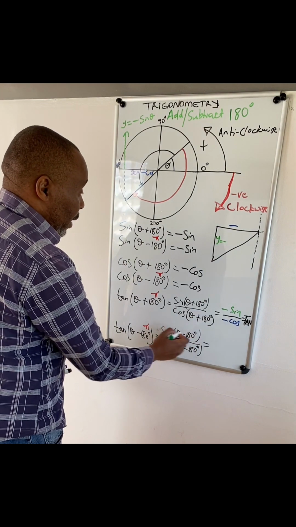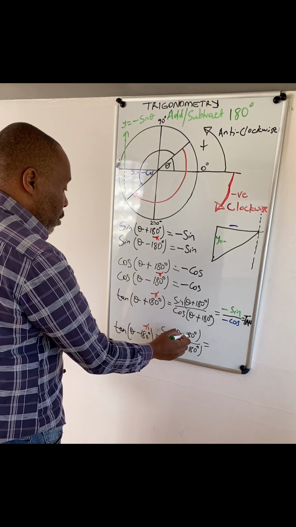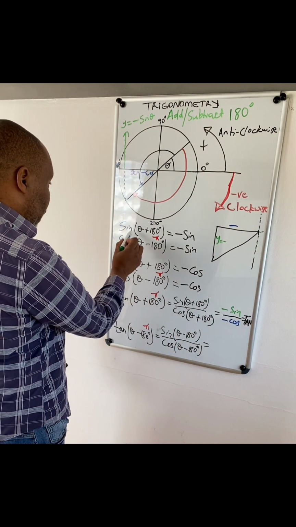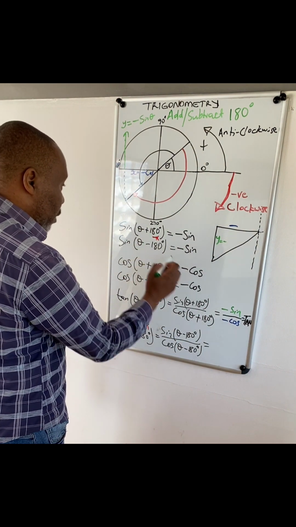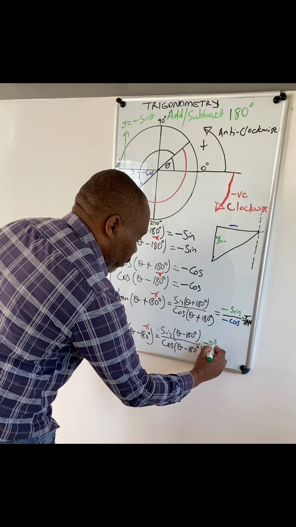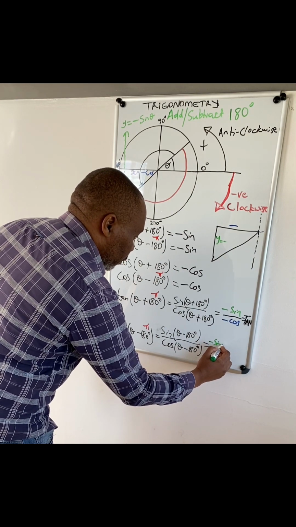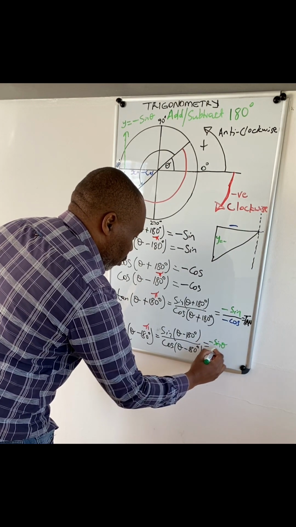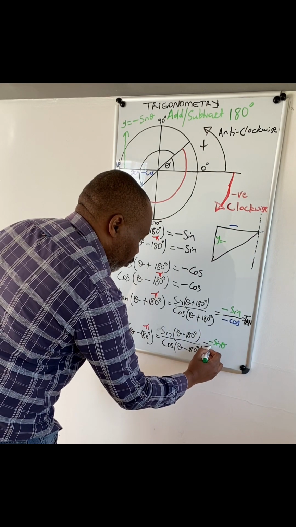Sine of theta minus 180 degrees became negative sine theta.